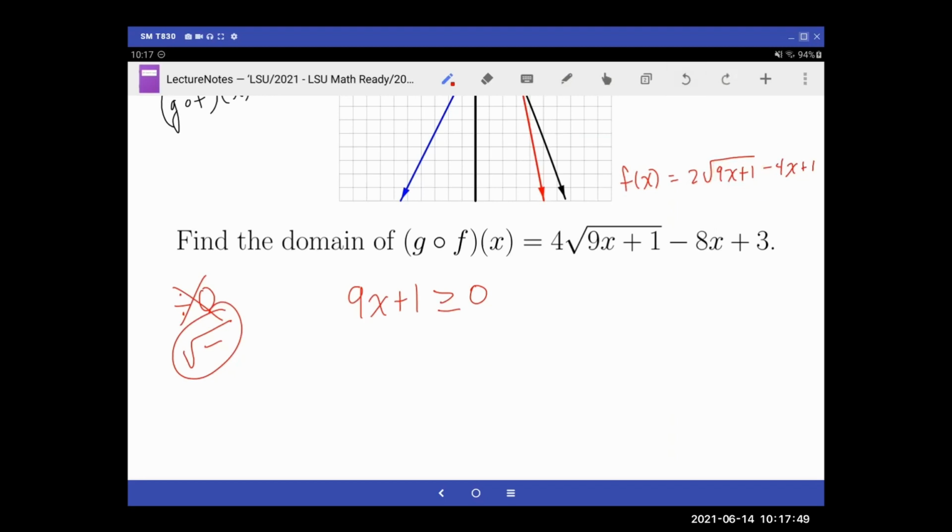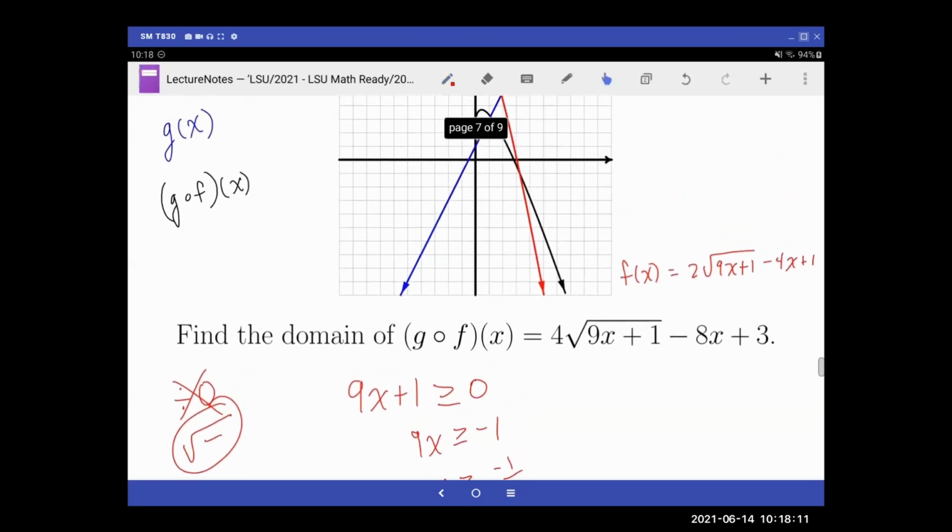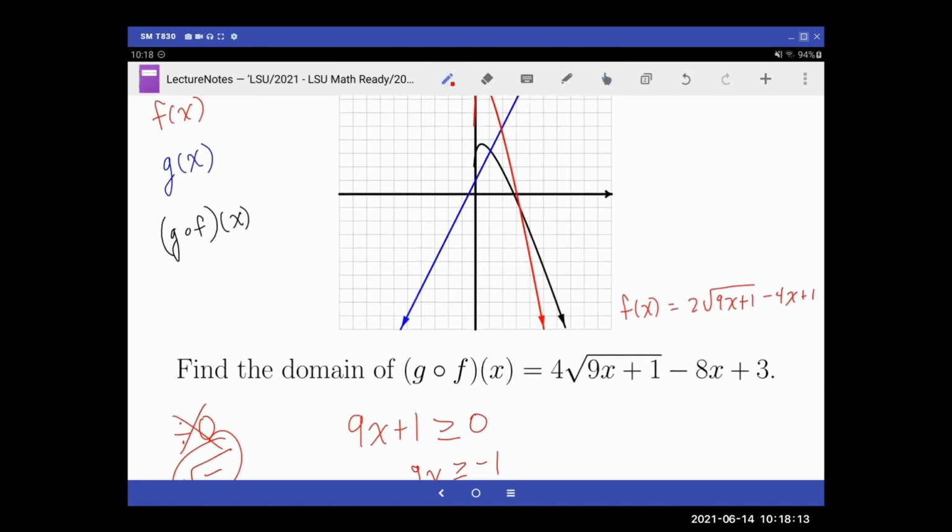So 9x plus 1, I want that to be greater than or equal to 0. If I solve this inequality, I have 9x is greater than or equal to negative 1. 0 minus 1 is negative 1. And then divide both sides by 9. So negative 1/9. Okay, negative 1/9 is close to 0. So if you think about it like that, that's why you can see this graph is a little bit to the left of 0 here.